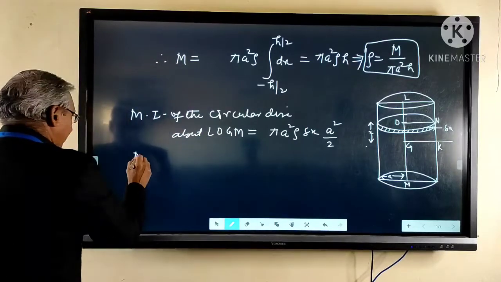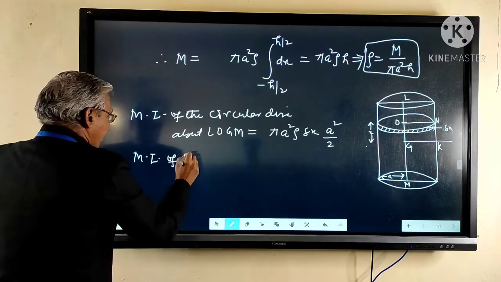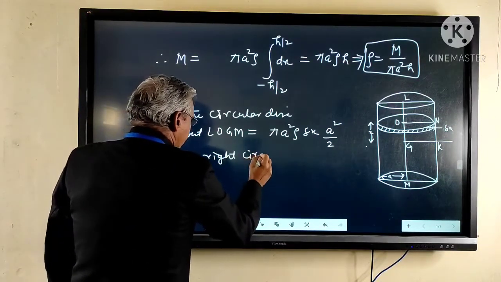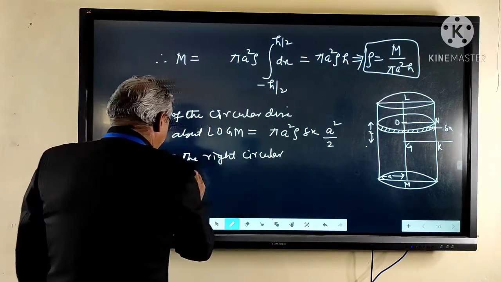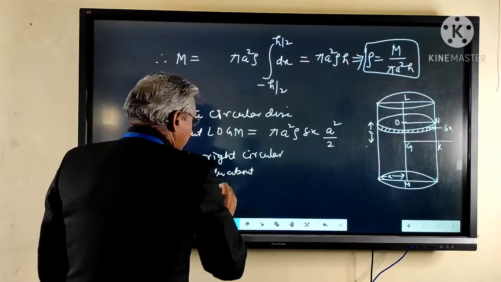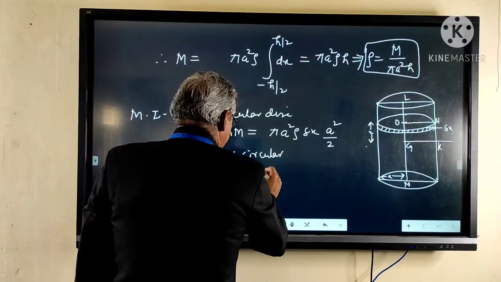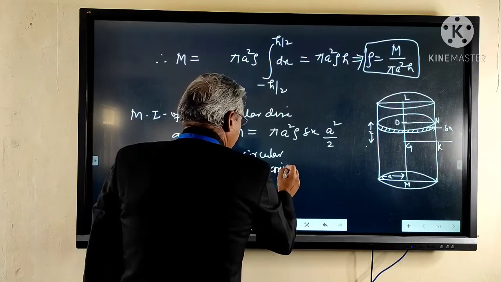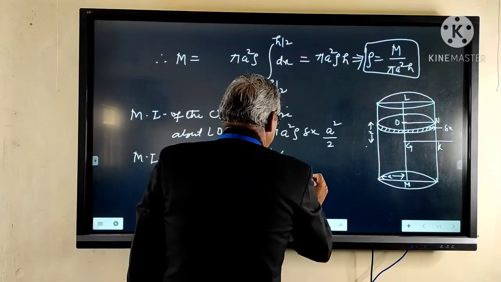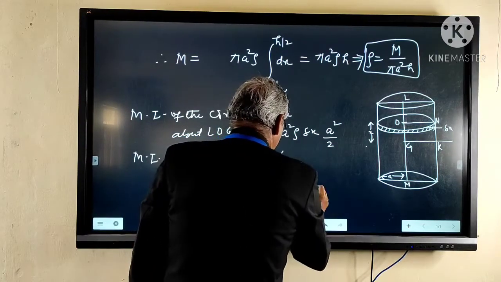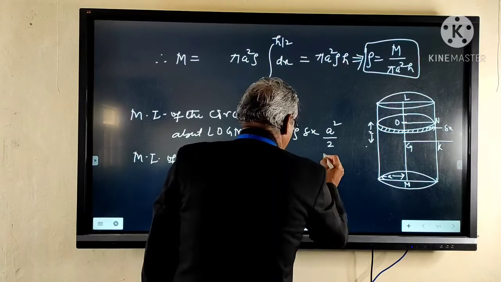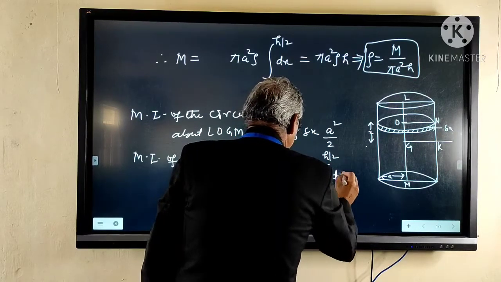So therefore the moment of inertia of the right circular cylinder about its axis LGM equals pi a to the power 4 upon 2 rho, integral from minus h by 2 to h by 2 of dx.